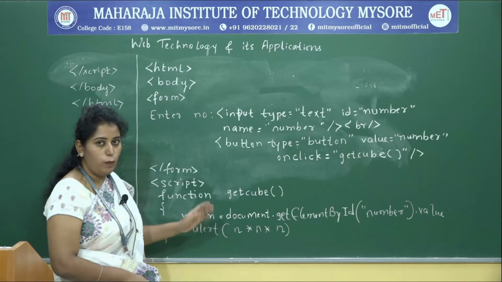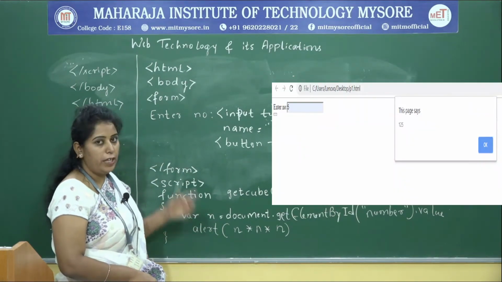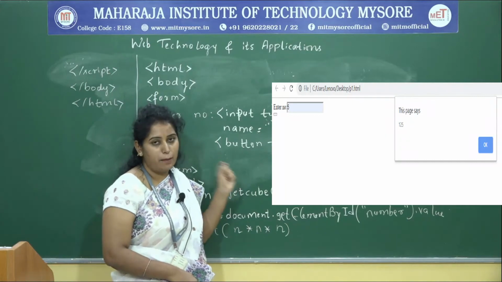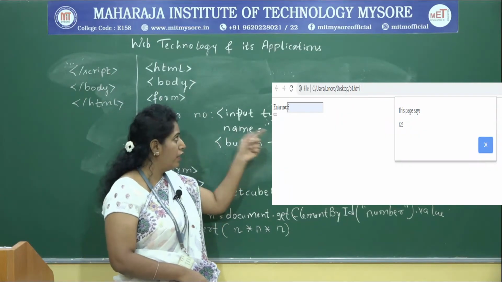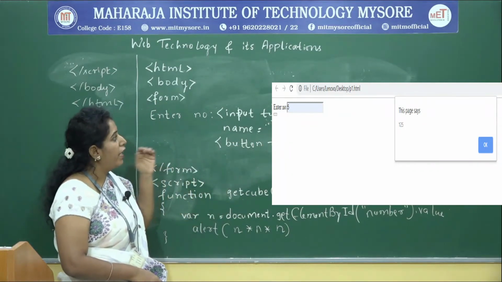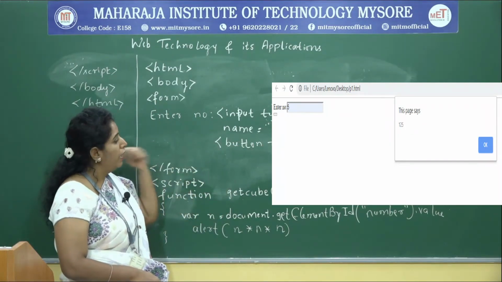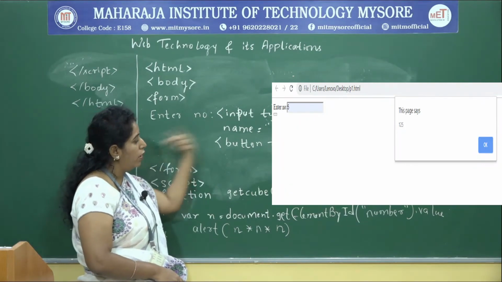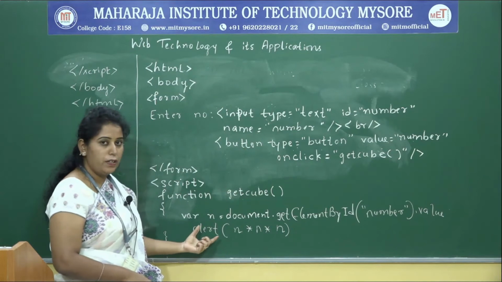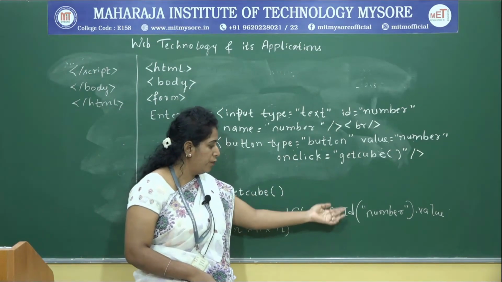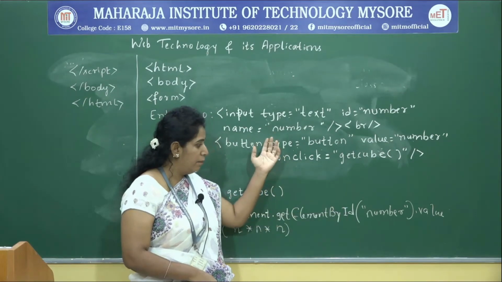Finally, once we run this program, you can observe that there is a text message saying enter a number, and also a text box to enter the number. If I enter the number as 5 and click on the submit button, what happens? It calls the function getCube and finds the matching ID, that is number.